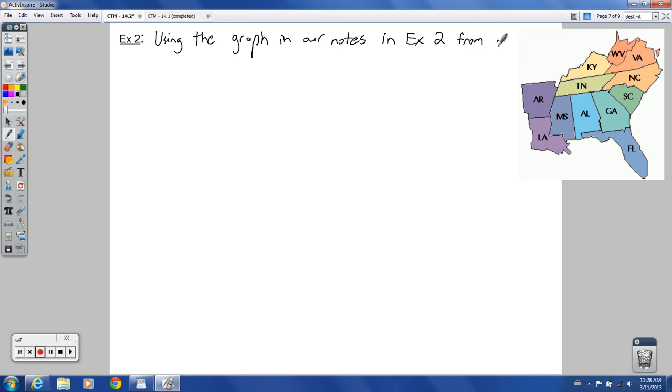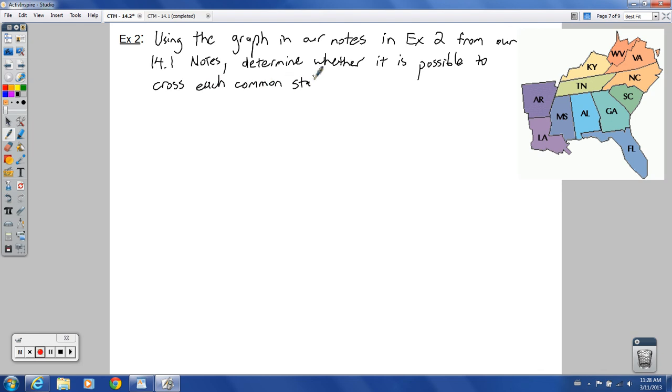So in example 2 from our 14.1 notes, determine whether it is possible to cross each common state border exactly one time, and if so, give a possible path.